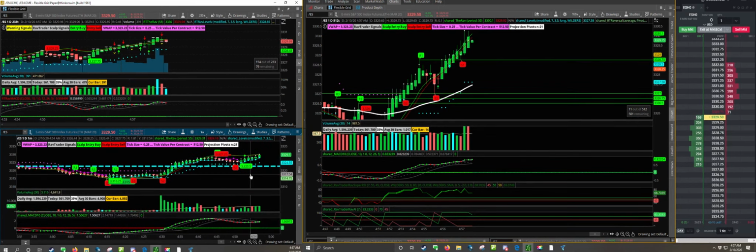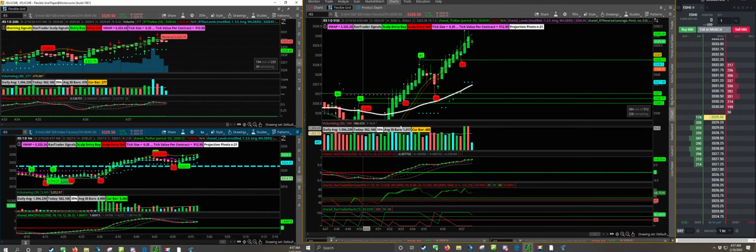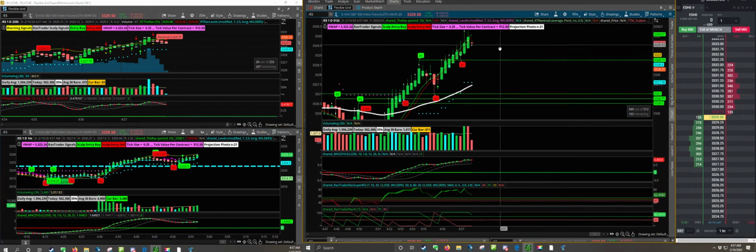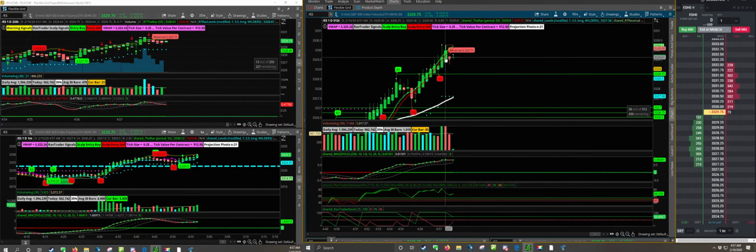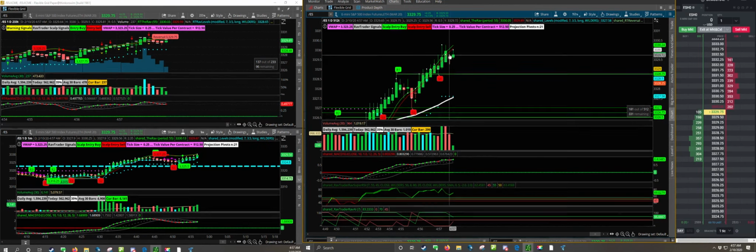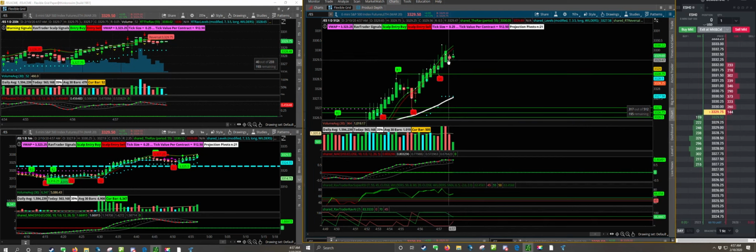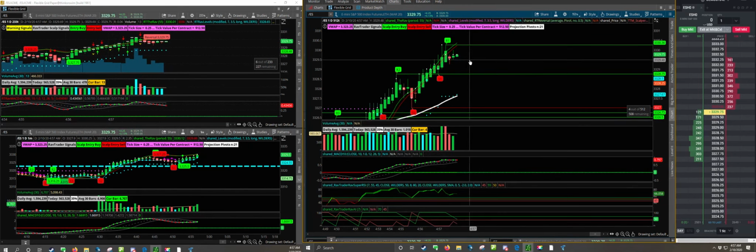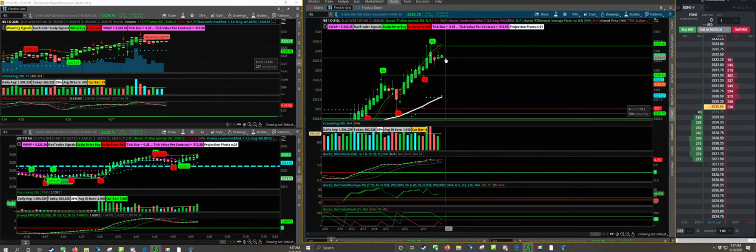You see how we're riding the moving average? Riding the moving average means we're riding a trend. Now, if the candle opens and closes below the moving average, then we know we're going to go in that direction. Look for level two targets to get hit.